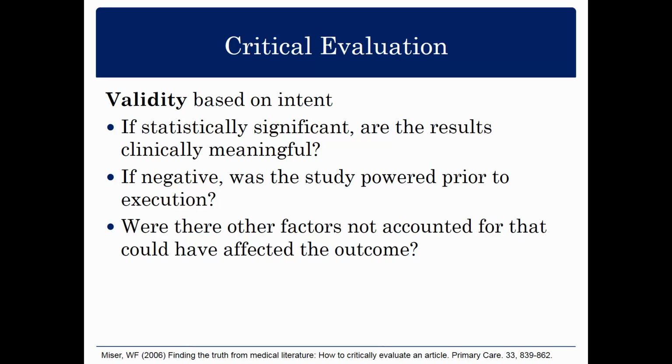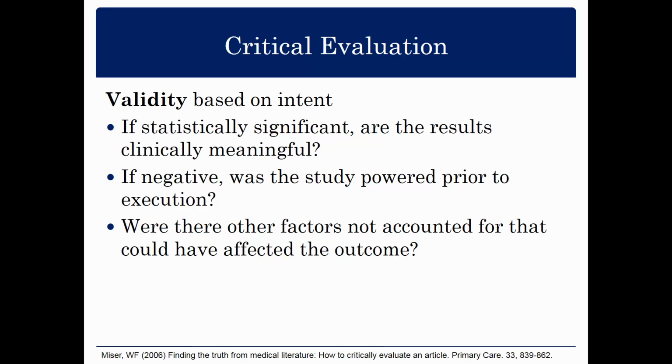And then if the results are statistically significant, if they report a small p-value, what's the actual effect that they're trying to convince you is important? Is it clinically meaningful? If the study did not show statistically significant results, is it because there didn't appear to be a true underlying effect, or was it because maybe it was underpowered?